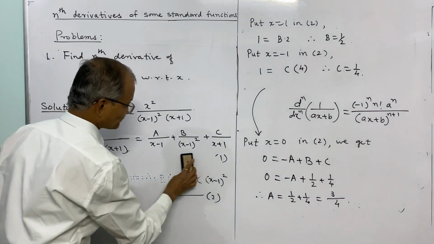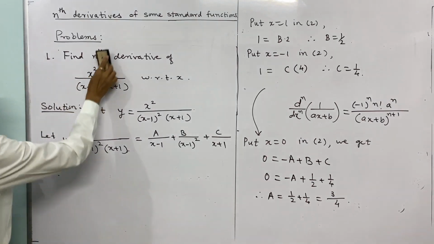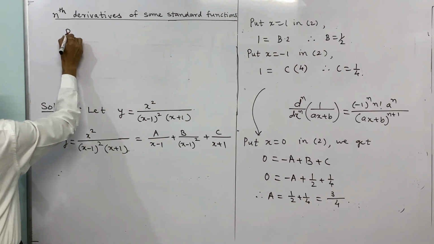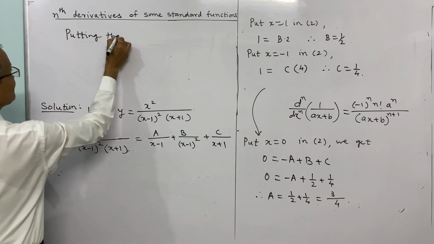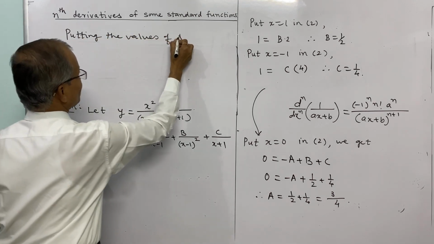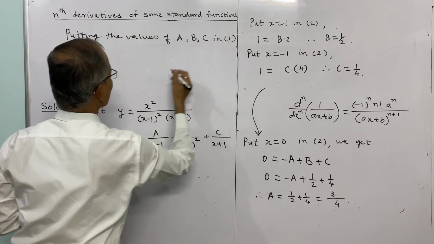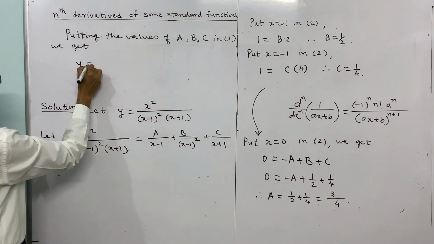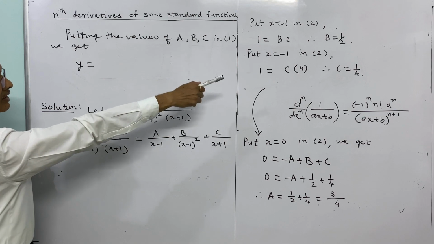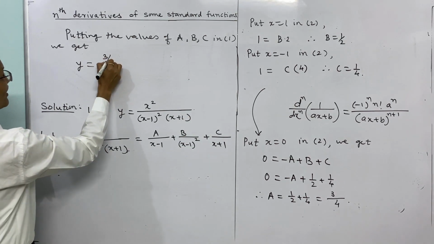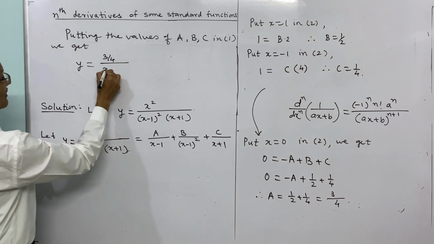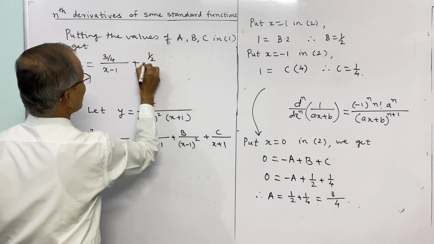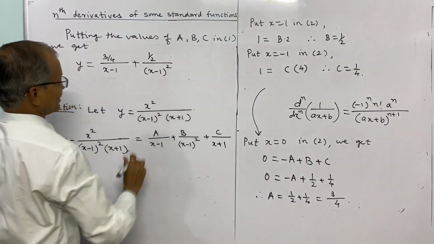So this is y. Putting the values of a, b, c in 1, we get y is equal to a, which we have as 3 by 4, divided by x minus 1, and plus b, 1 by 2 divided by x minus 1 whole square.